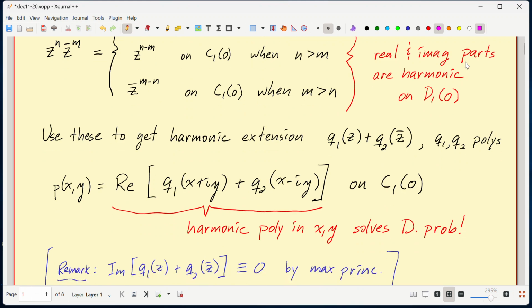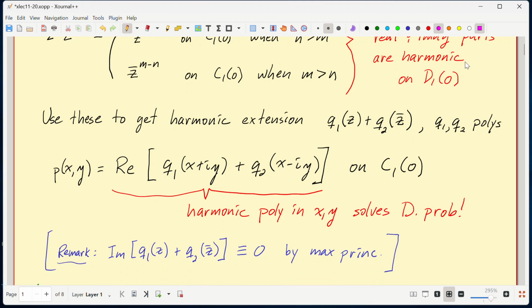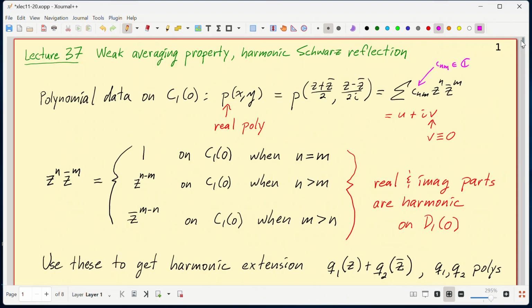By the way, if I took the imaginary part of that thing instead of the real part, that imaginary part is 0 on the boundary. Because when I started out, that p of x, y, when I put in complex numbers, the resulting thing on the right would have the real part as the right thing, but the imaginary part would also be the right thing, which is 0.